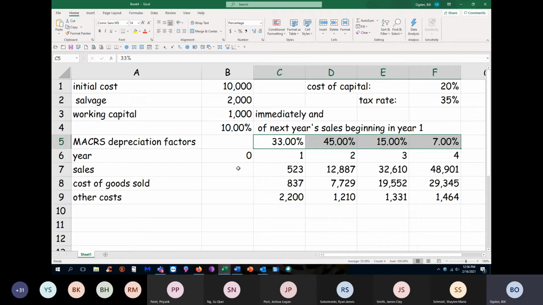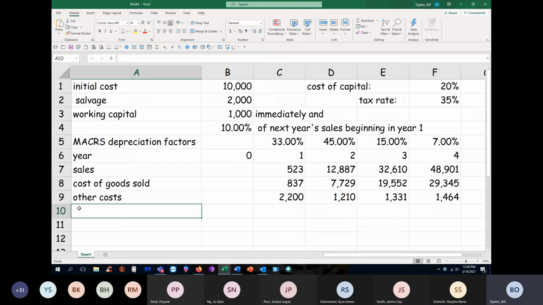All right, so let's begin with our first year's estimate: revenues minus costs, times the first part of it. If you want to do the whole thing in one shot, you could, but I'm just going to break it down here.